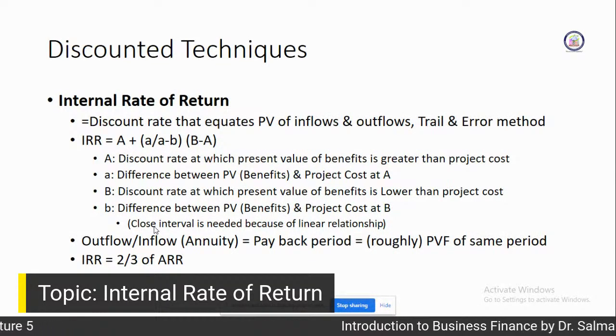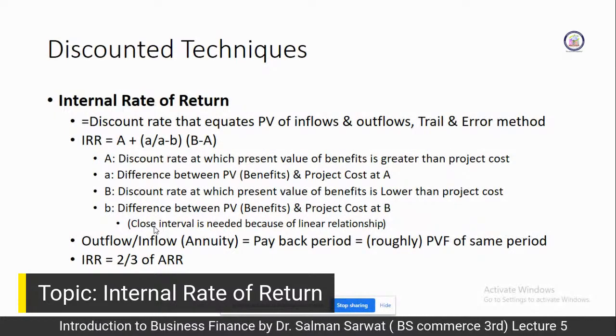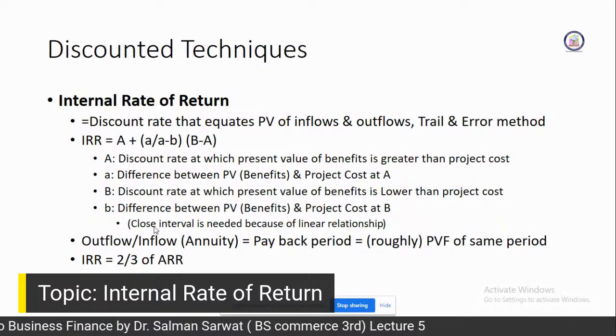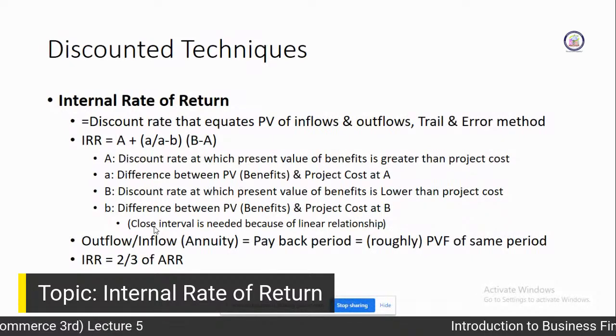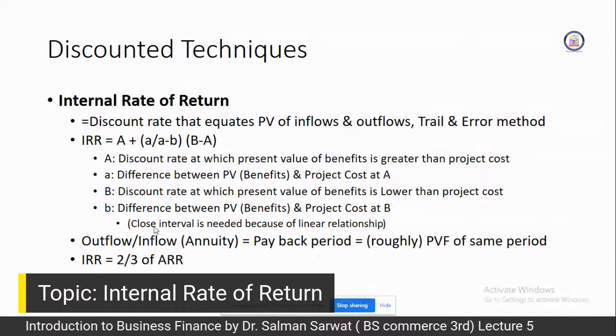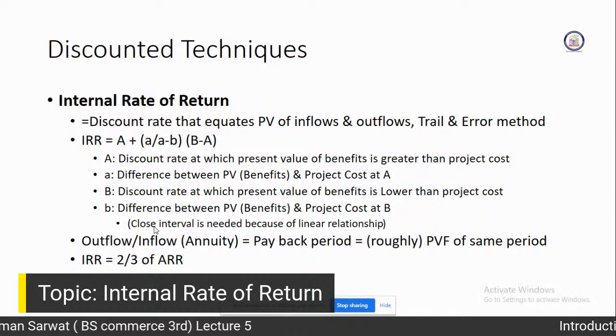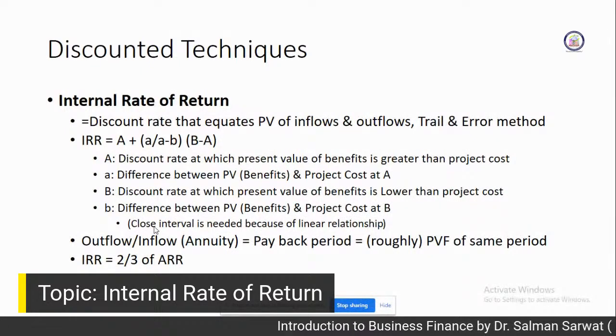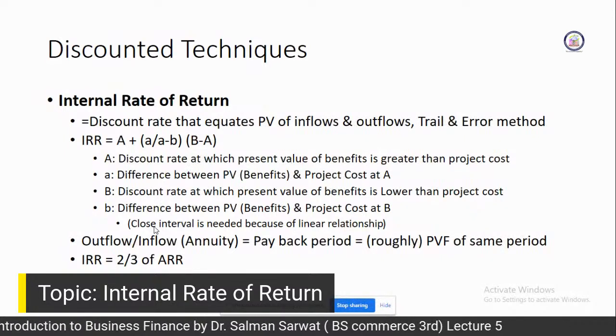Now basically in this formula there are two letters with capital and two letters with small. Capital A is the discount rate at which the present value of the benefits is greater than the project cost. In other words, A is the discount rate at which you get positive NPV.